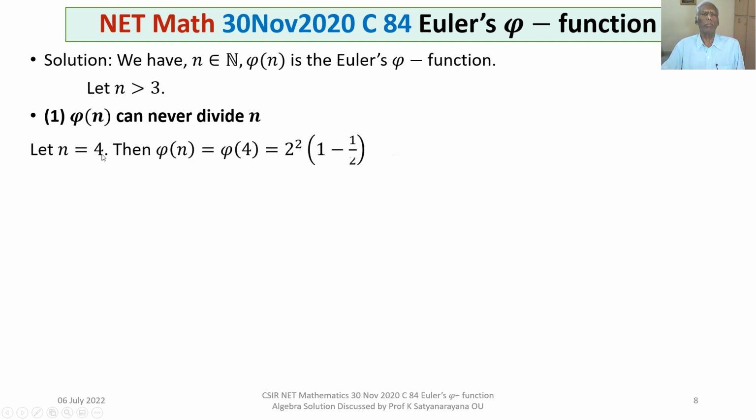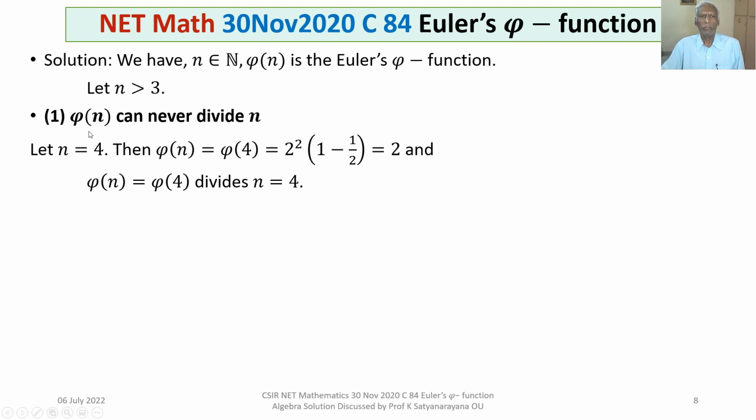Let n equal 4. Then phi of n is equal to phi of 4. 4 is 2 squared. 2 squared into 1 minus 1 by 2, and that is 2. Therefore, phi of n equals phi of 4 equals 2 divides n equals 4.